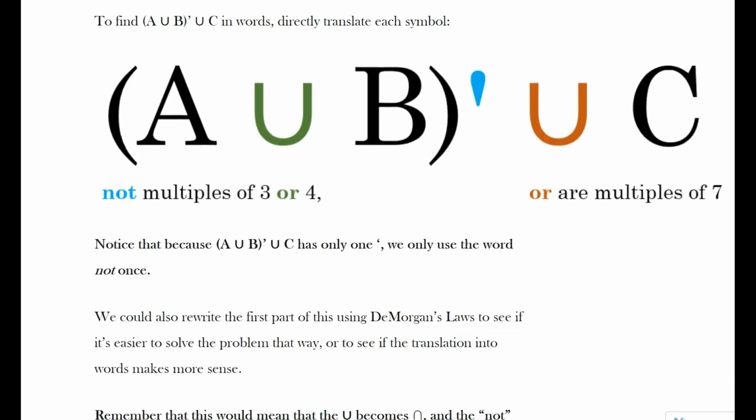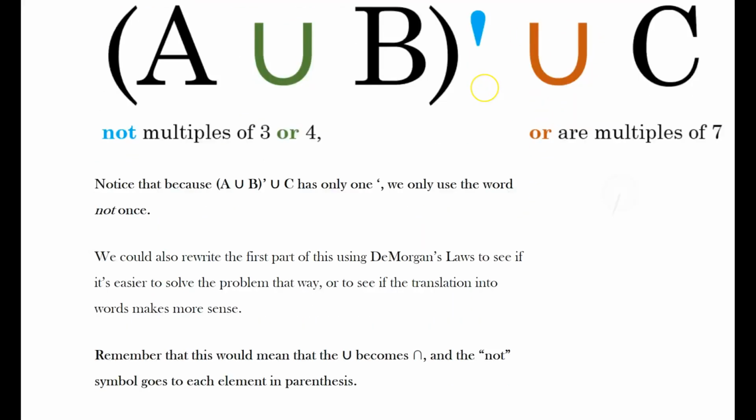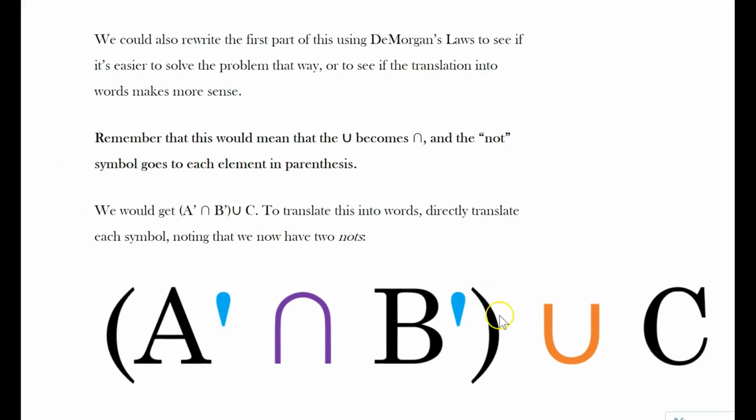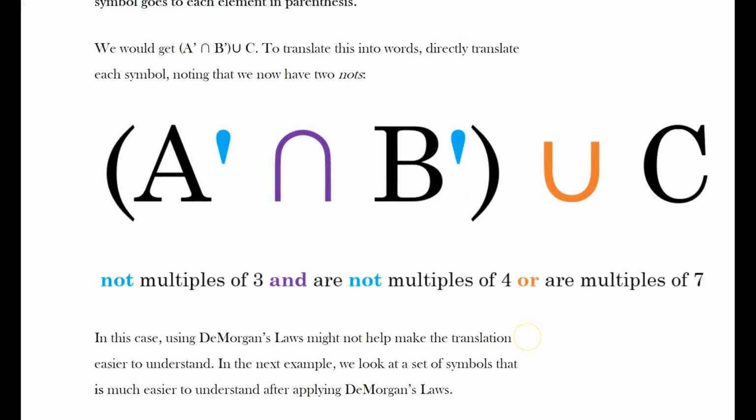The not that was on the outside goes to each one on the inside, and we say not A intersect not B, union C. So these are numbers that are not multiples of 3, and they're not multiples of 4, or they're multiples of 7, which means you're going to include all of the multiples of 7. I hope that helped.